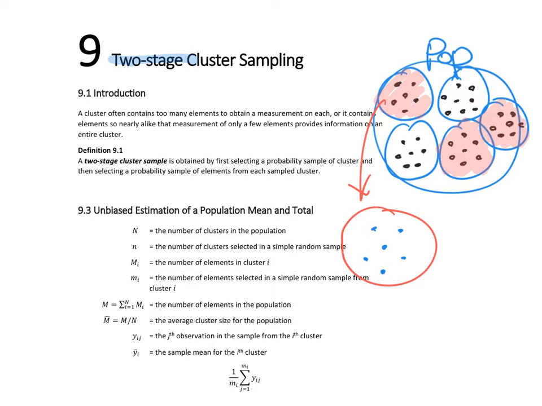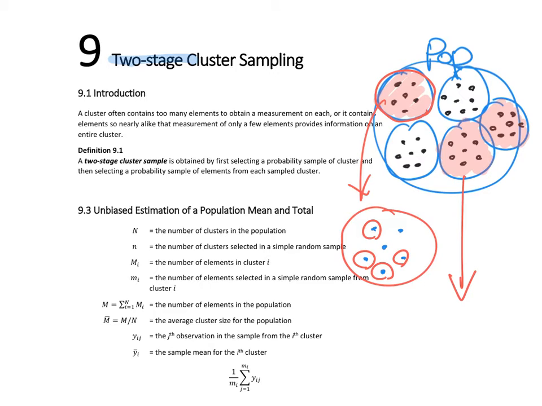It's 6 people, but we do not take all of them. But in the second stage, we take some of them. It's not all. So in this case, even if each cluster is huge, that means there are so many elements in each cluster, then it is not easy to ask them all. So in the second stage, we just select some of them.